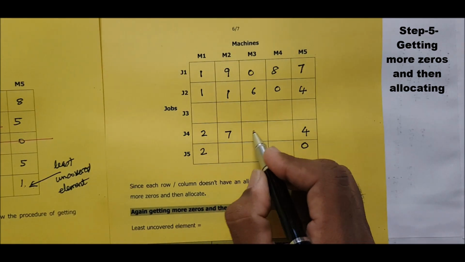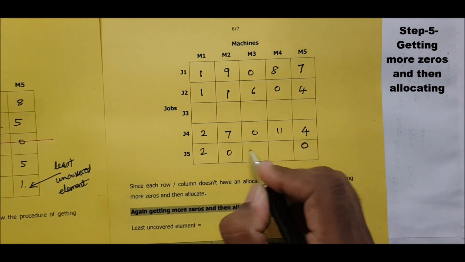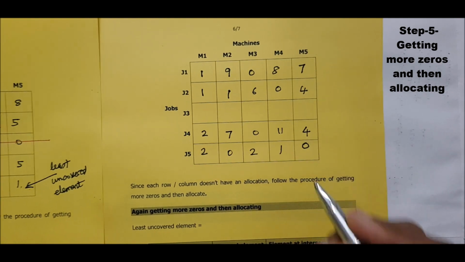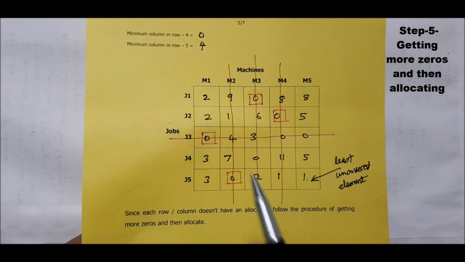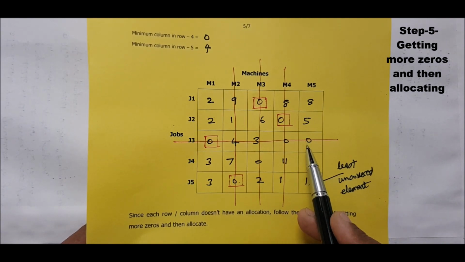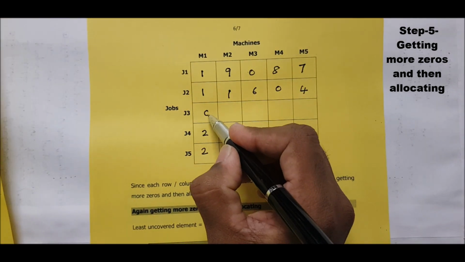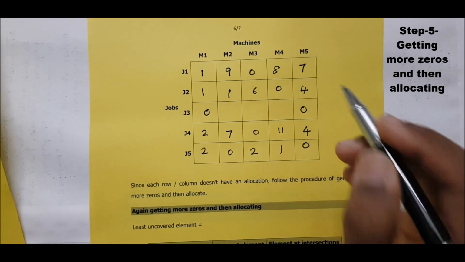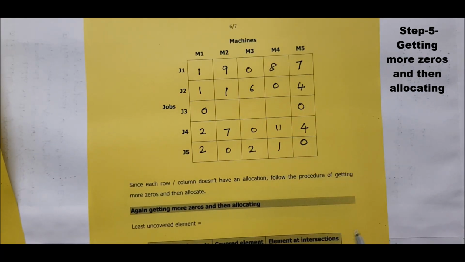Then 7, 0, 11. 0, 2, 1. And here also only one line passes, so this 0 and this 0 I will transfer as it is. 0, 0. Now only 3 elements have been left.